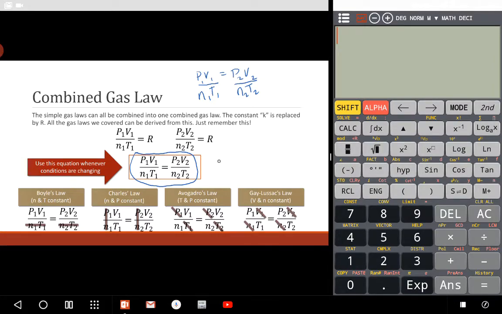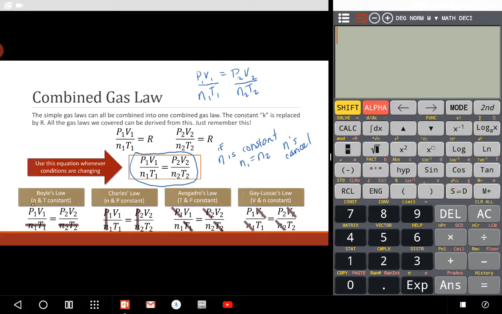Because if we are ever in a situation where moles of gas is constant, then we can write: if n is constant, then our n1 will be equal to n2, and then those terms would cancel out. And similarly, if any of these other variables is constant, then it will cancel out.